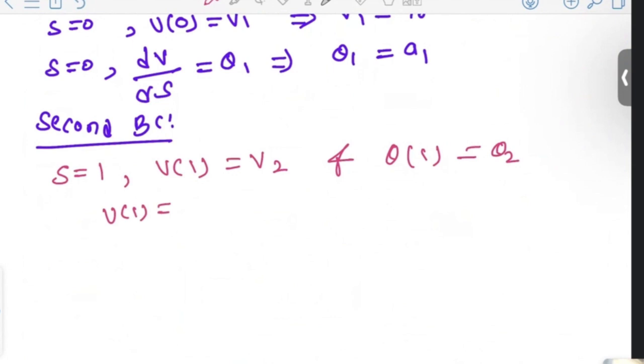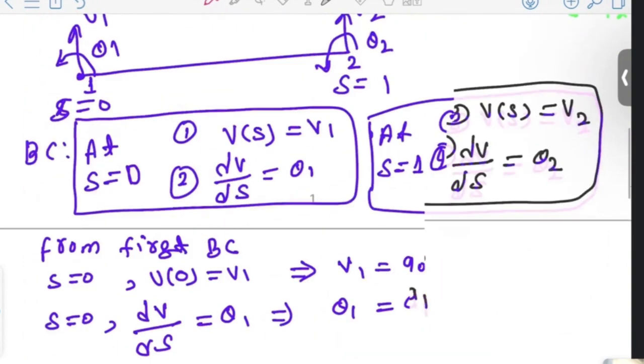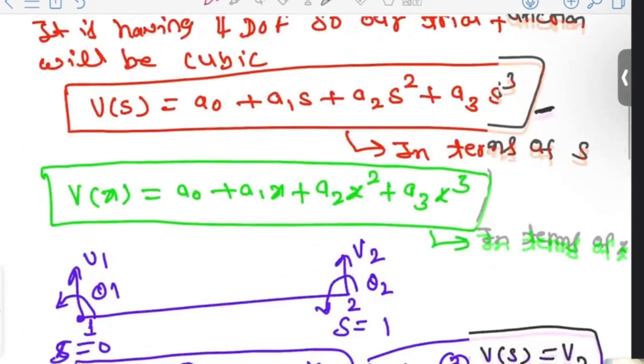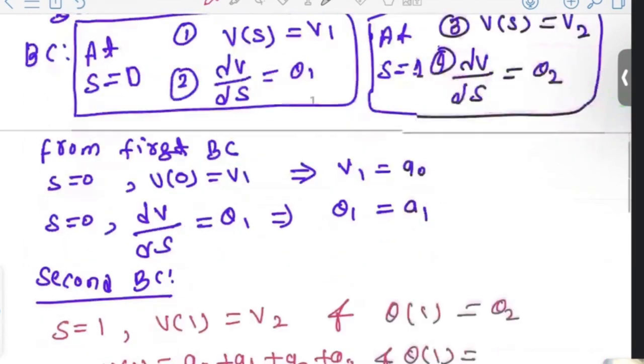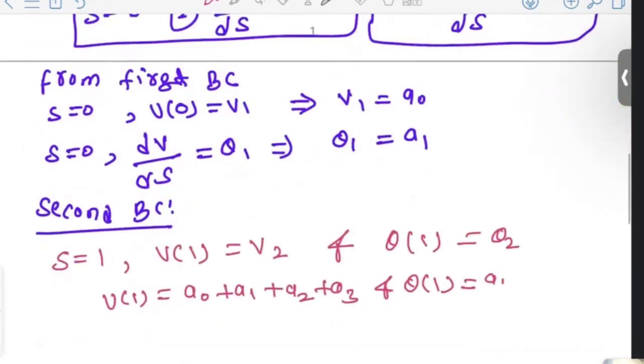And theta at 1 equal to what will we get? We will get A1 plus 2A2 plus 3A3.